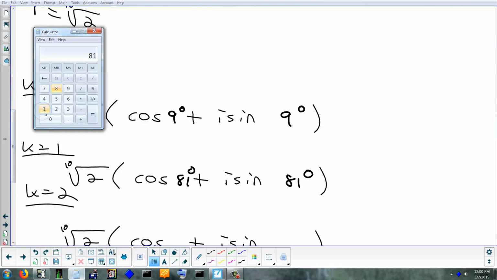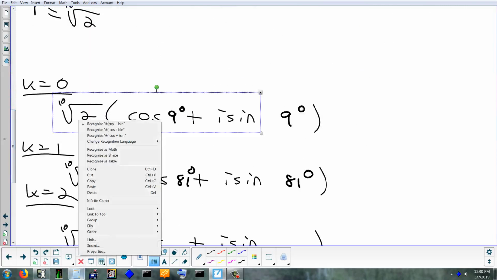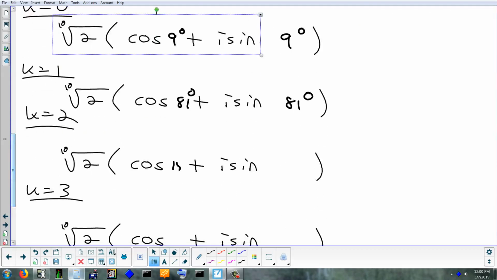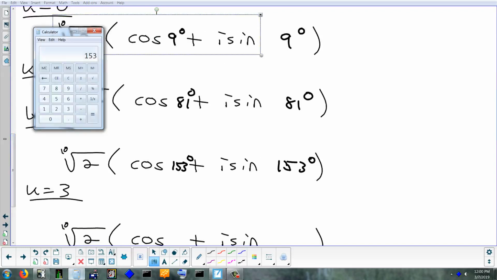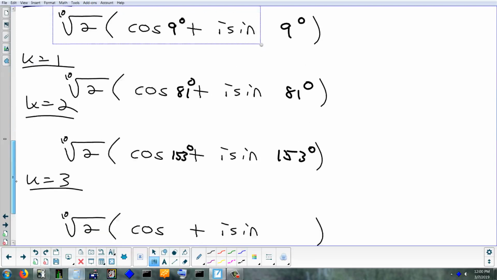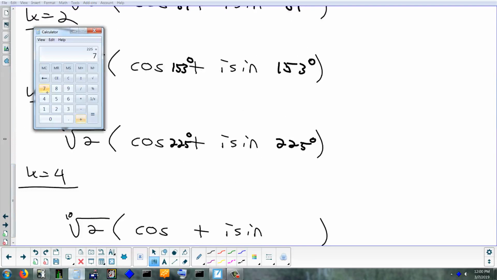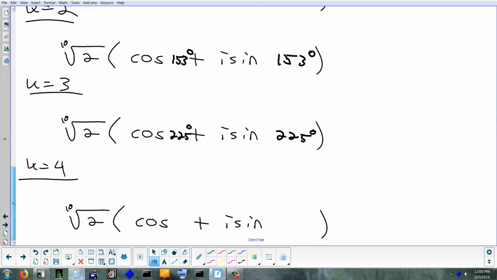Okay, and just so we don't make a stupid mistake, let's just use the calculator. Plus 72, 153. Now you're going to do the 72 times 3 plus 9, which is 225. And the last one is the 72 times 4 plus 9, so add another multiple of 72, and you get 297.